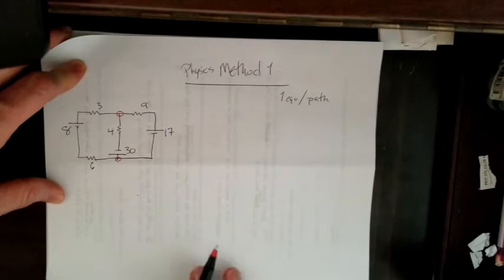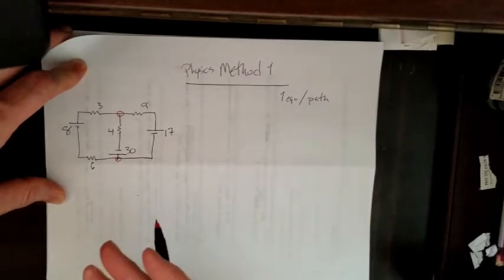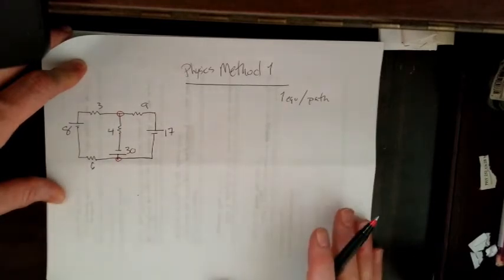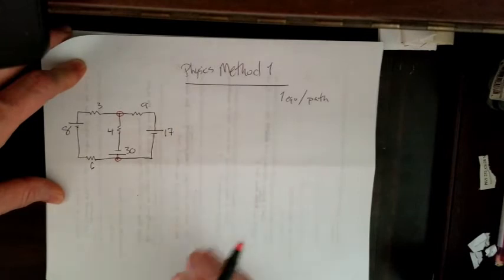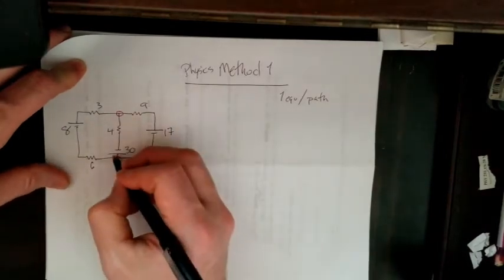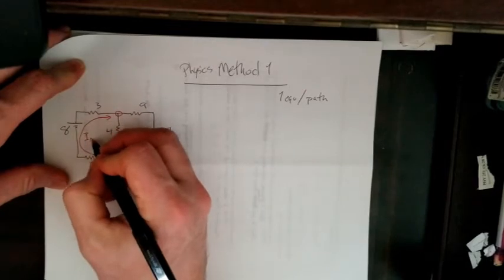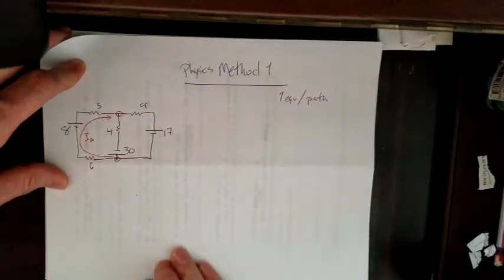At this point, you establish a current that flows through each of them. It does not matter whether you pick the correct direction or not. I probably have a pretty good idea of the direction the current is going to flow through each path, but I'm going to pretend I don't know that. In the left path, I'm going to assume the current is flowing clockwise.